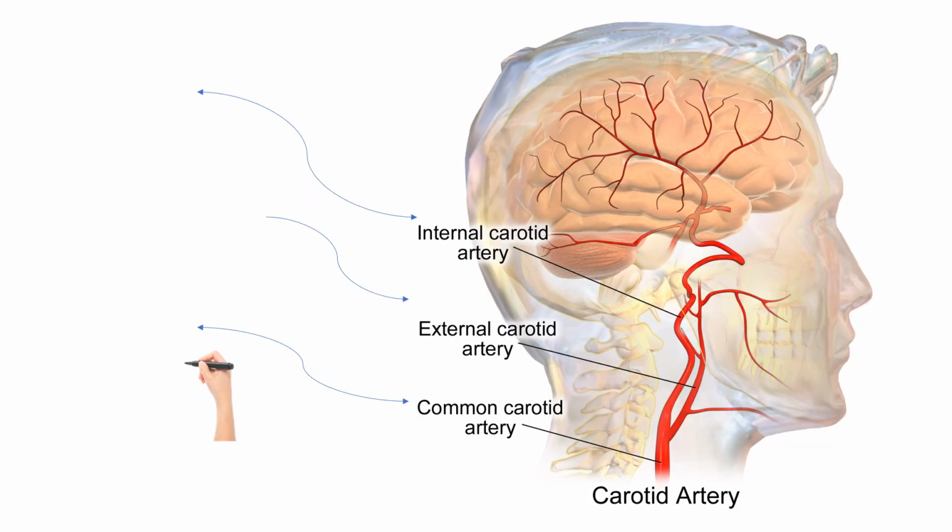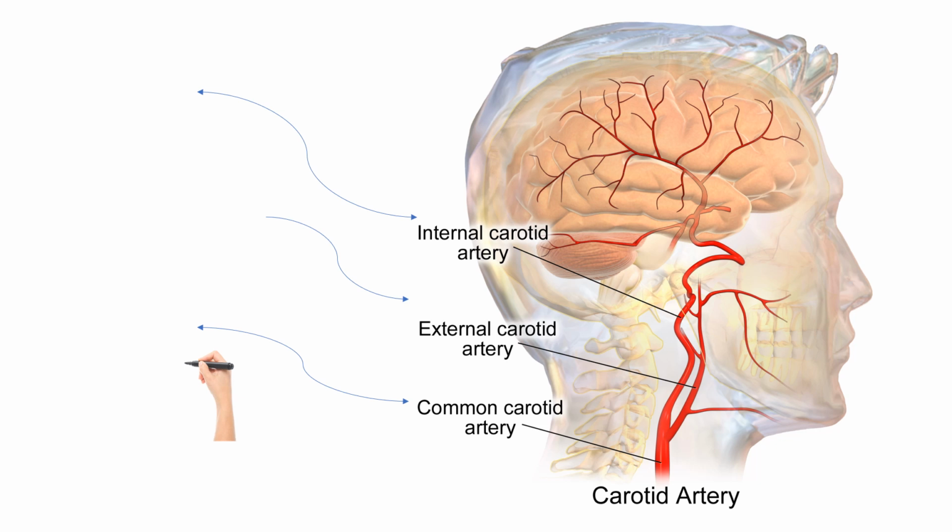Now where does the external carotid artery come from? The external carotid artery comes from the common carotid artery. The common carotid artery gives away the external carotid artery and then on its way it gives away the internal carotid artery. You can remember this by keeping in mind a three-way pipe.